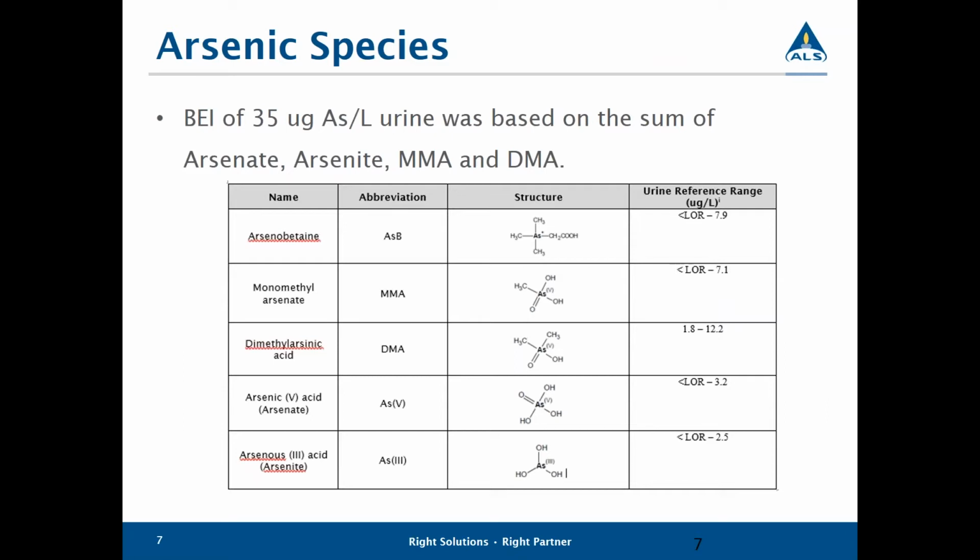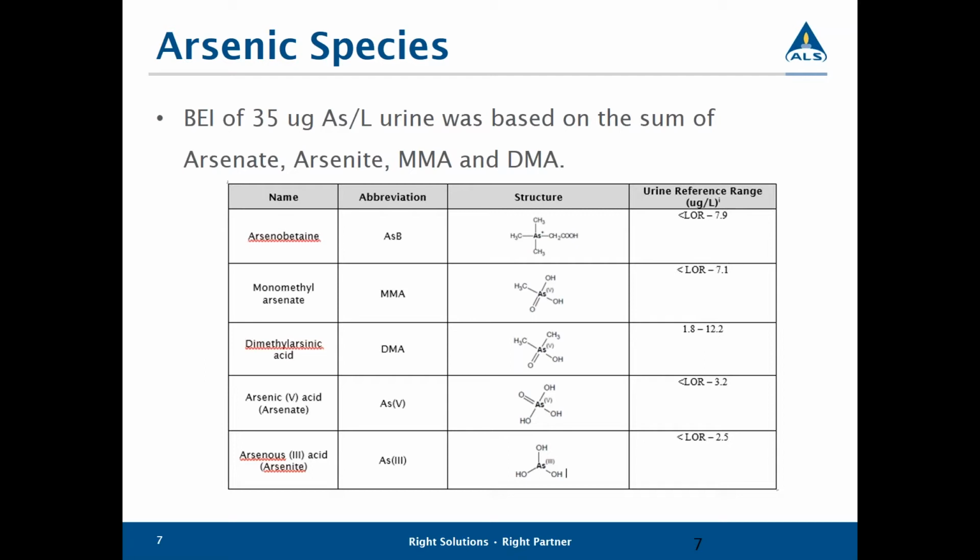So here is just a summary of both the structure and the species of arsenic that were quantified for this particular project. You notice at the very top is arsenobetaine, and that was, as I mentioned earlier, very common in fish, and it's also readily excreted by the body, and it's not considered toxic.